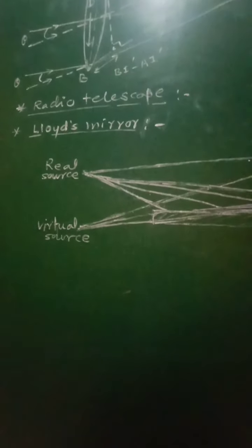If you consider this Lloyd's mirror, the light is made to fall from a source at a grazing angle on a plane mirror. So on this plane mirror, light is allowed to fall at the grazing angle from a source of light.